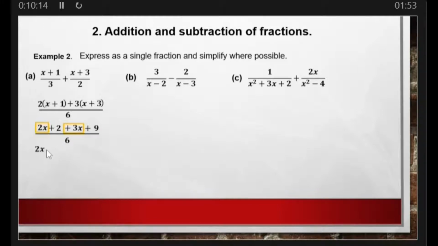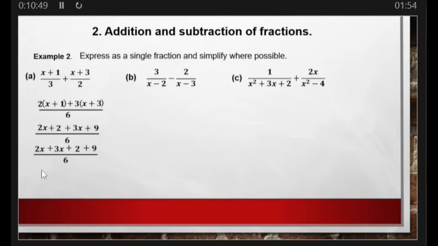So you carry with it plus 3x. Then the other terms which are common are these. So here, this is plus 2 and this is plus 9. Both of these numbers do not have a letter in them, hence they are common. So we'll group them together by saying plus 2, then also plus 9, then divided by, then 6 comes down here.